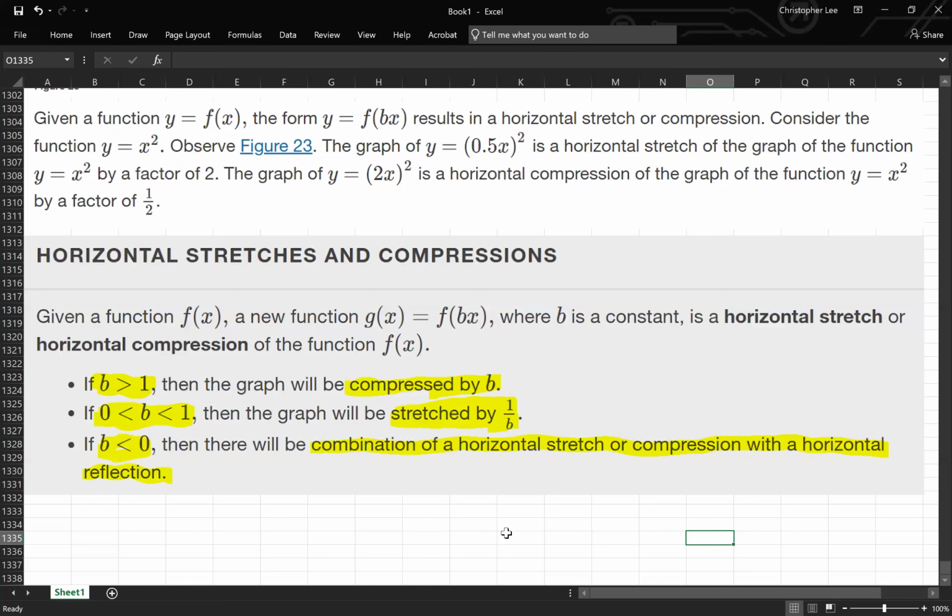So if I was at 2, and now I'm at 4, getting bigger.